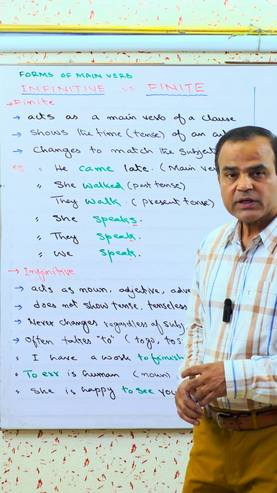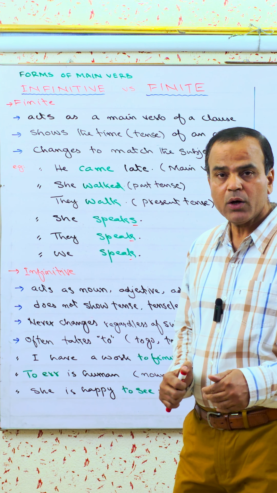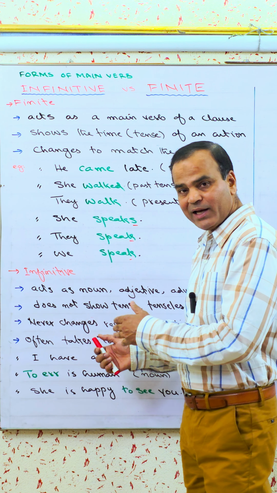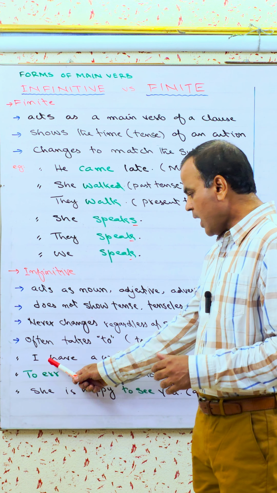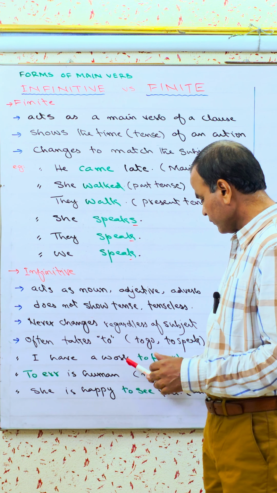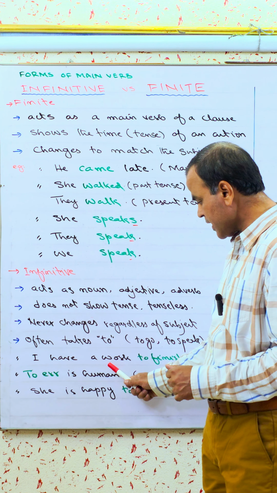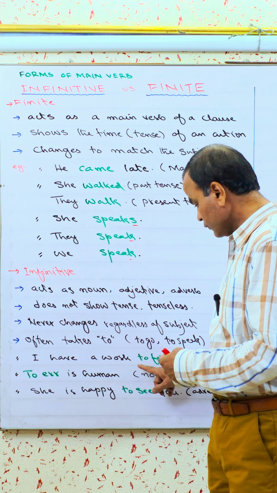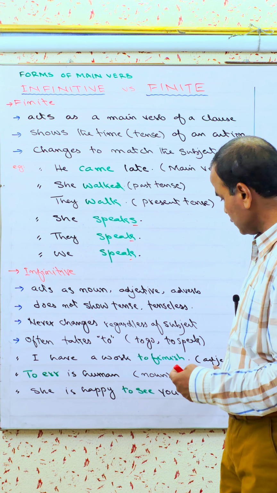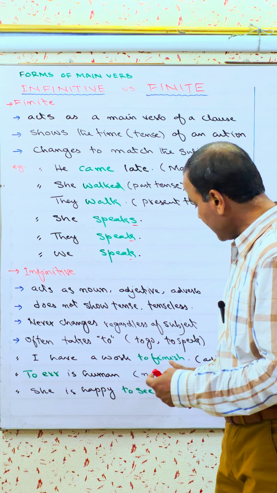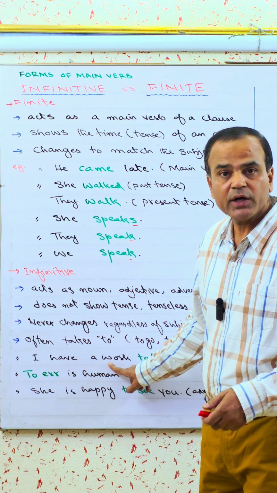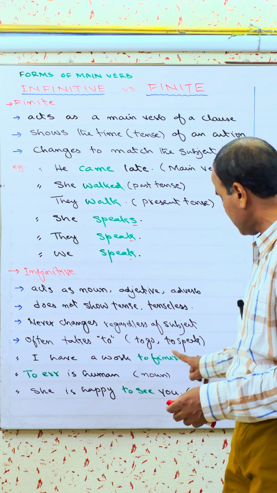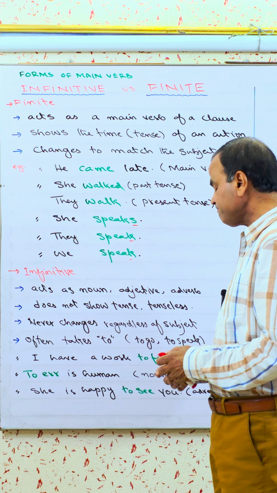Let's see how it is used as a noun, as an adjective, and as an adverb in the sentence, and shows no tense. Like, I have a work to finish. Here work is a noun, and what do I have to finish? This work. So to finish is used here as an adjective, and it is related to the word work, which is a noun. So it tells us something more about the noun. So here the infinitive is used as an adjective.